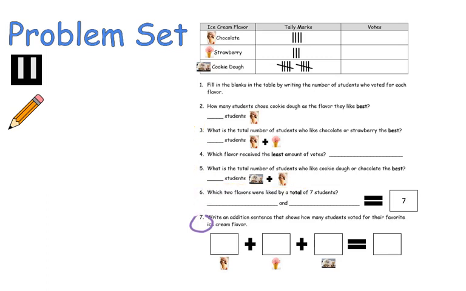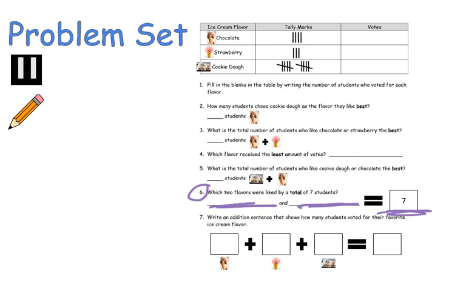Okay, number 6. Which 2 flavors were liked by a total of 7 students? Total is a hint. They're giving us a math clue. Total means the whole amount. So we need to figure out which 2 flavors equals the total of 7.